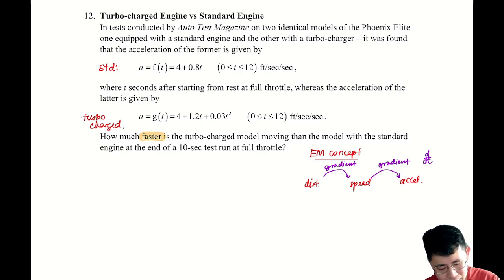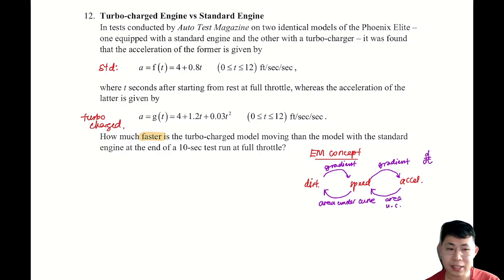In the same way, in a speed-time graph, the area under the curve gives the distance. So if we have an acceleration graph, the area under the curve will give us the speed. What is the area under the curve in math?